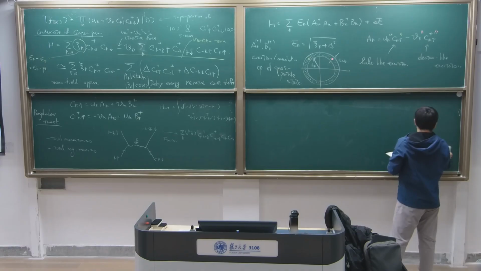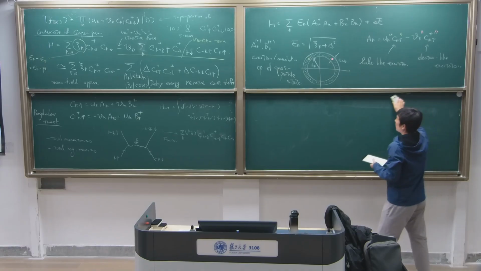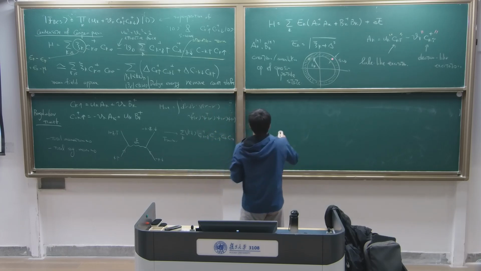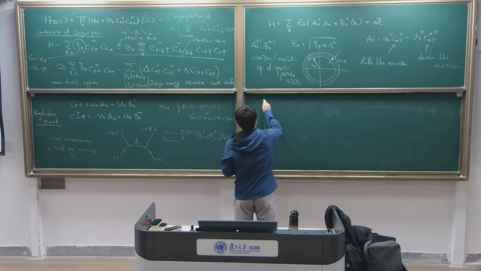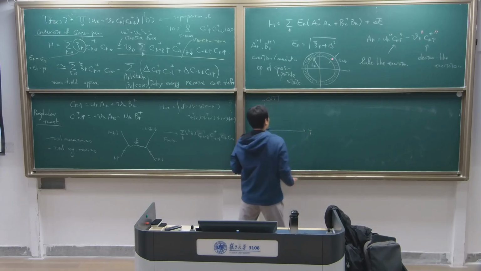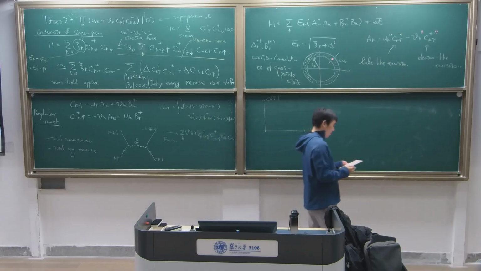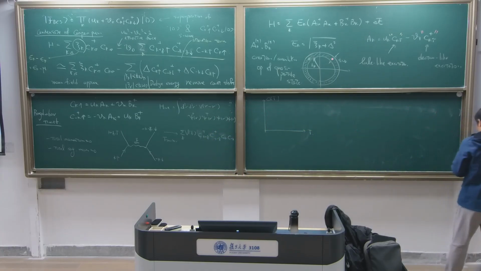And we look at the dependence of this delta on the temperature. Temperature dependence. Another question is why we can split.